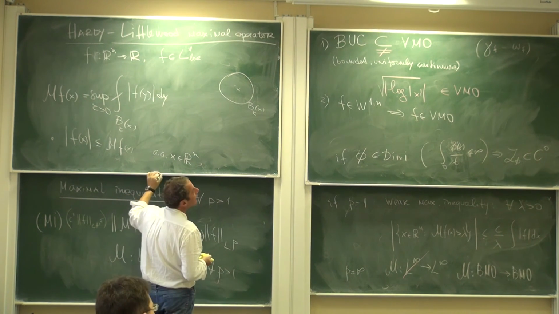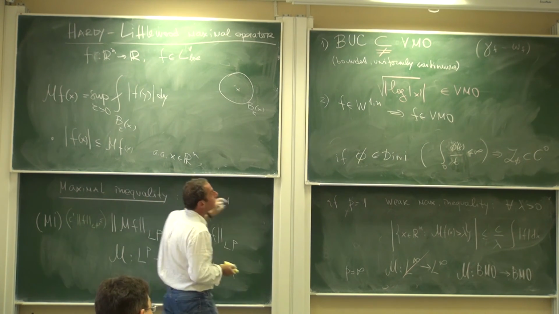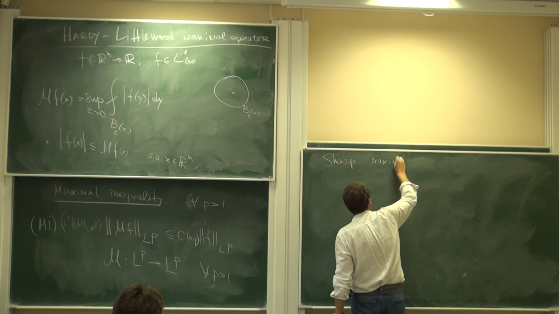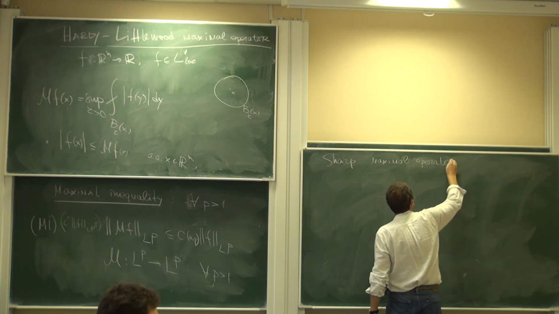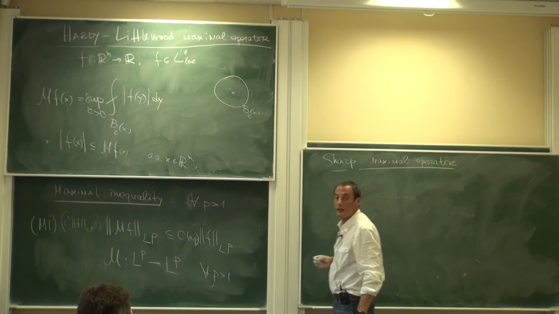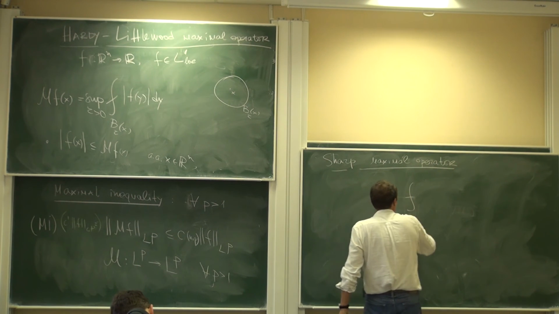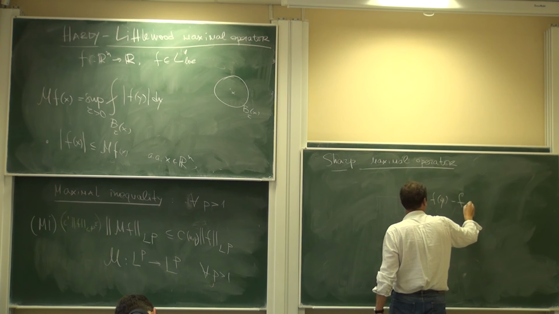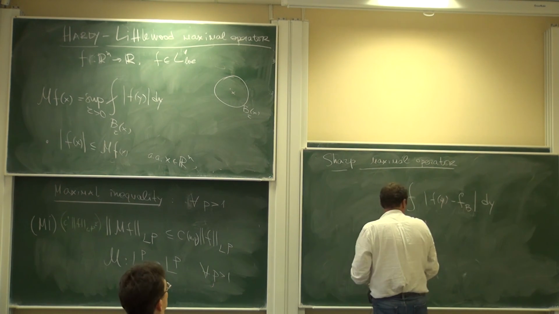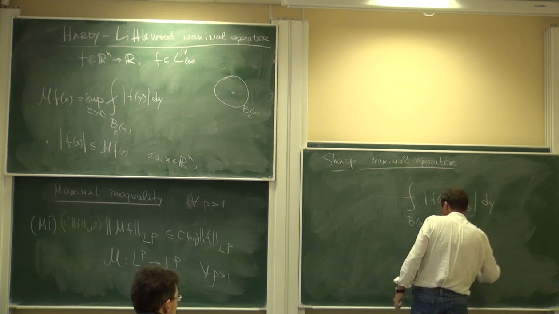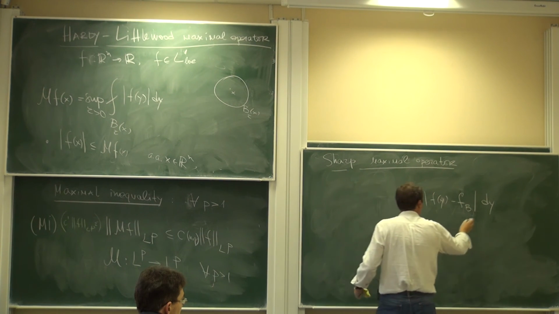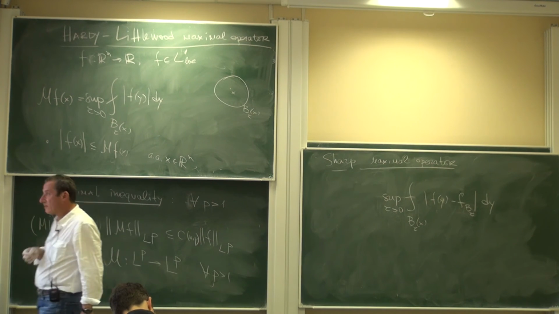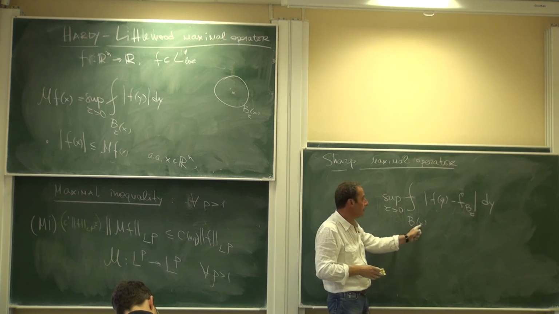Okay, and the last argument is the sharp maximal operator. With the previous notations, f minus the mean value, integrating over y, both balls of radius r, you are taking the supremum with respect to all radii, and this quantity of course depends on the center of the ball.